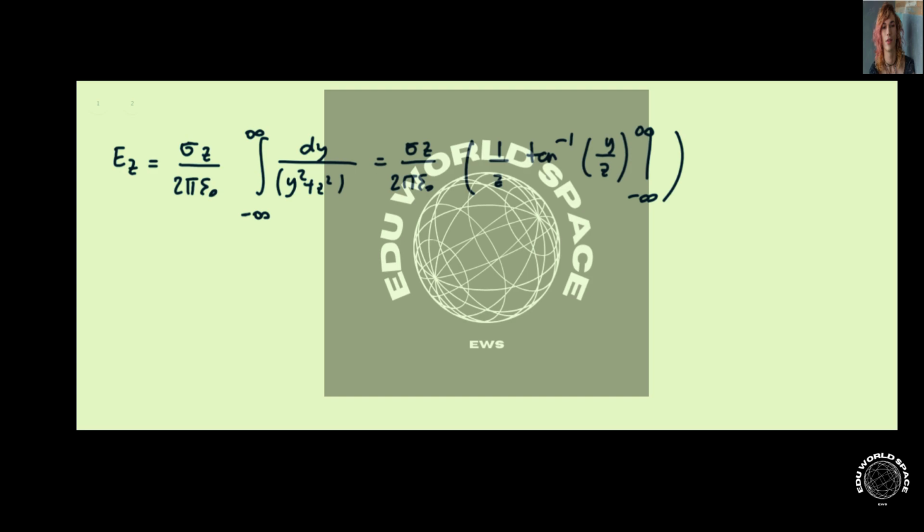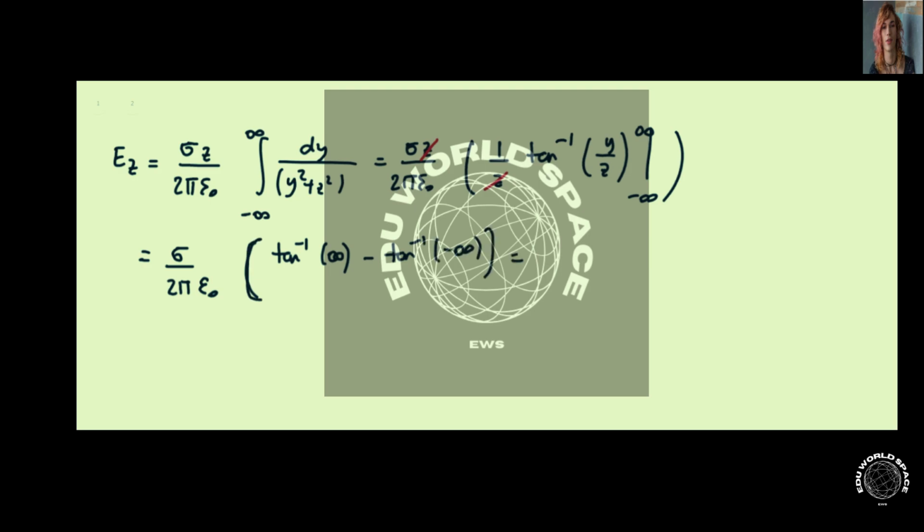Again, since z has nothing to do with these limits, it can cancel this one out. So we have sigma over 2 pi epsilon naught here, and then the inverse tangent at infinity, minus the inverse tangent at negative infinity.